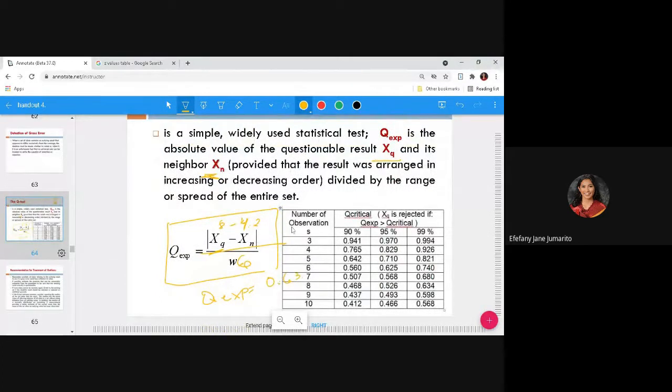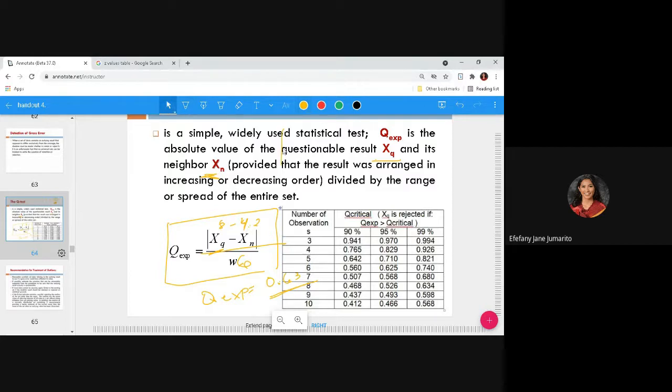Now, if I ask you, at a 90% critical point, will we accept this 0.63?